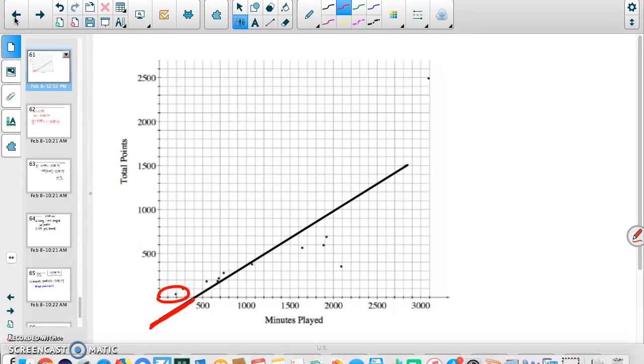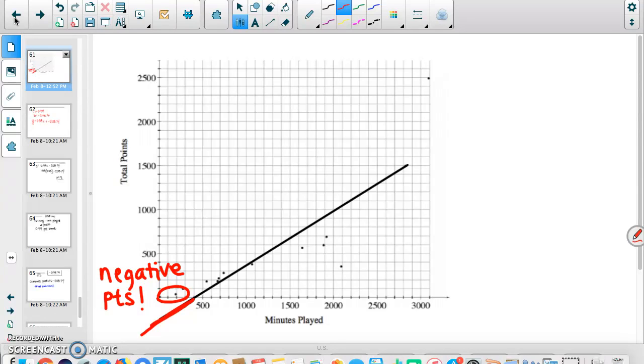Does our line predict? Is our line making very good predictions down there? No. The predictions are negative, right? So all of these predictions down here are negative point values, which is impossible. That is just not possible.